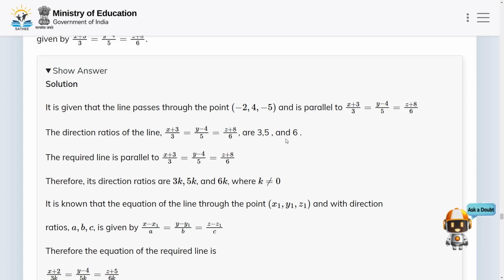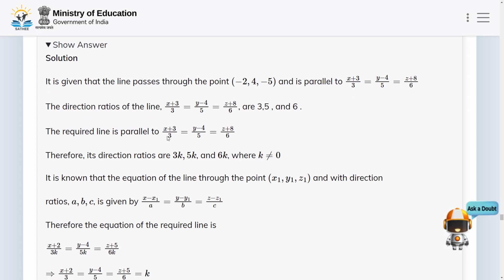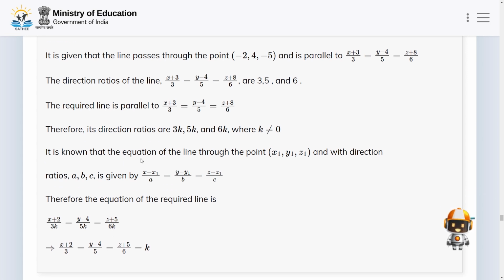Now what? This means that the required line is parallel to this. Therefore its direction ratios are 3k, 5k and 6k, where k is any non-zero scalar. It is known that the equation of the line through the point with the direction ratios given by this, yes, we all know that.